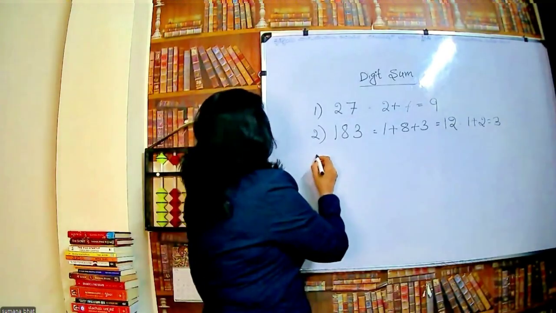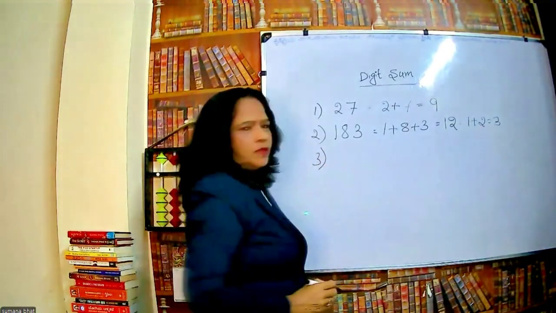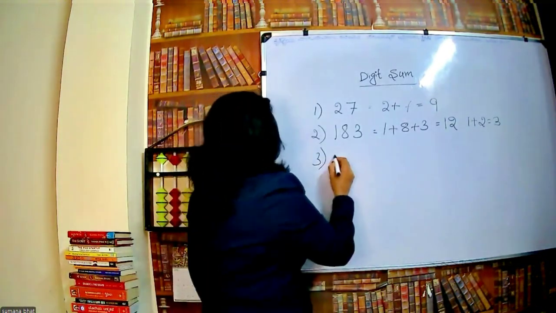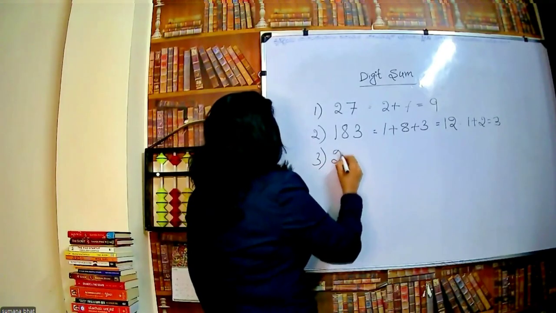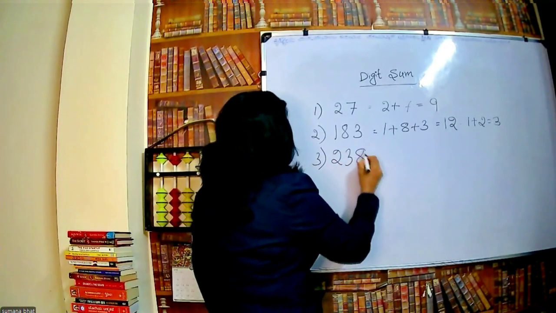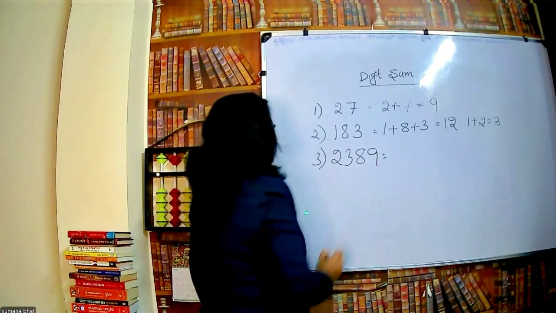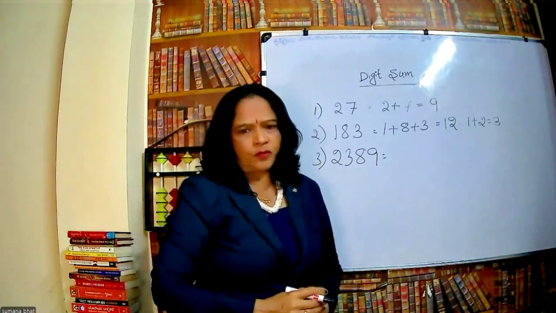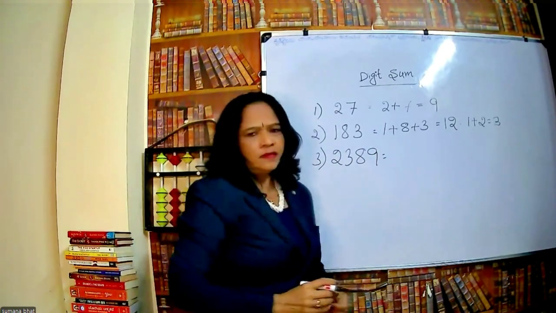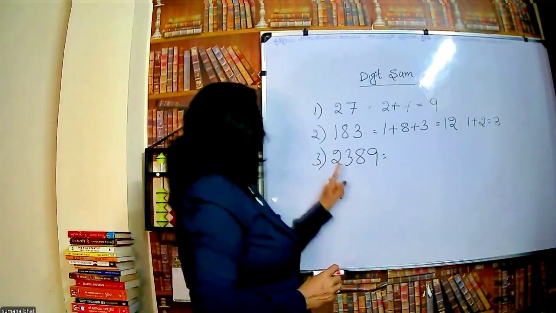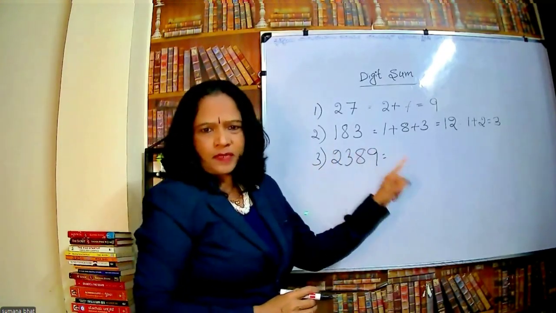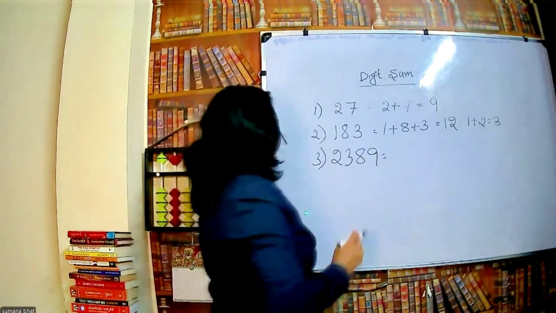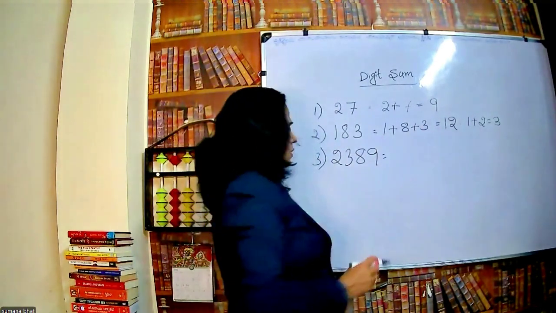Now let us see one more with a little bigger number. Let us write 2389. What is the digit sum for 2389? We should find the sum of all the digits and bring it into a single digit.